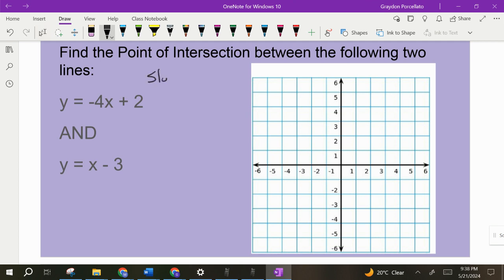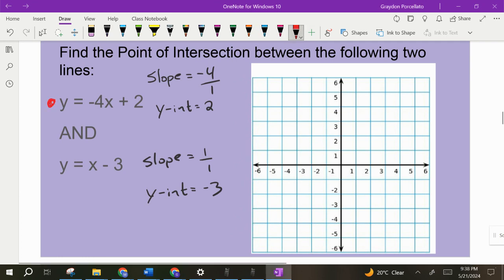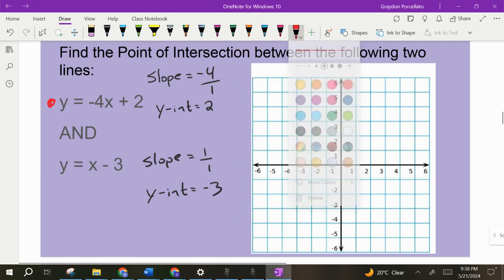So slope here is -4 over 1. My y-intercept is 2. In this one, my slope is 1 over 1, and my y-intercept is -3. Okay? So I'm going to do my first one in red.